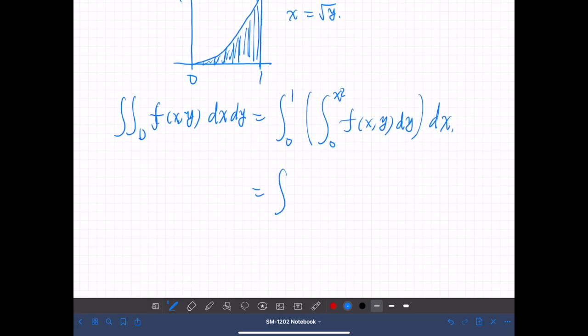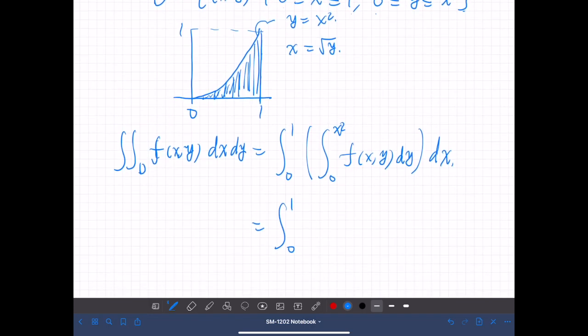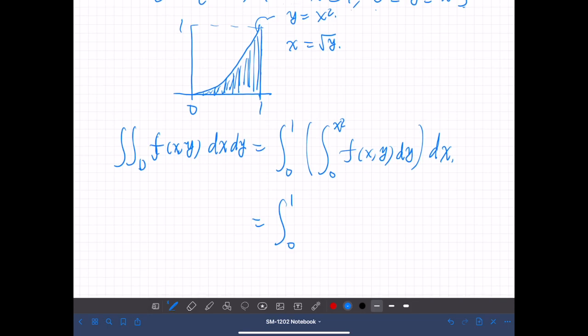So we could first integrate with respect to x, but here from square root of y to 1, then with respect to y, where y varies from 0 to 1.